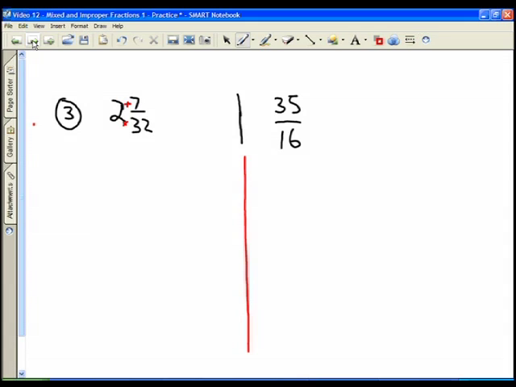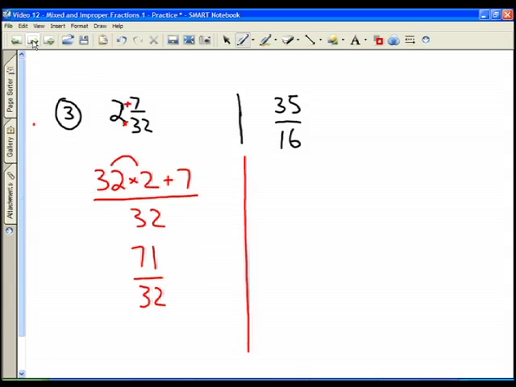So 2 7/32 is the same as 32 times 2 plus 7, all divided by 32. 32 times 2 is 64. 64 plus 7 is 71, and our original denominator was 32. So 2 7/32 is equivalent to 71 over 32.